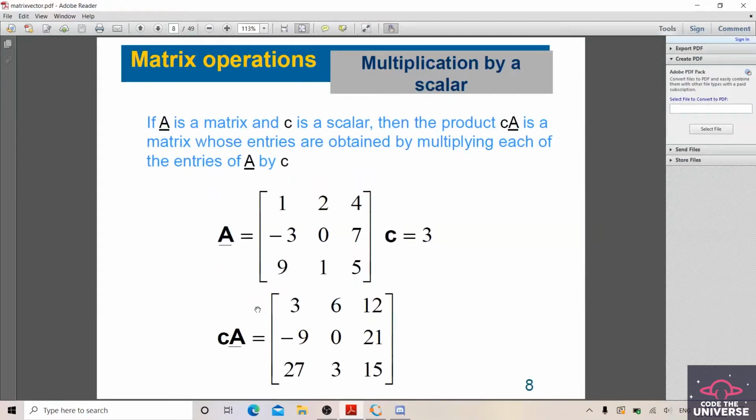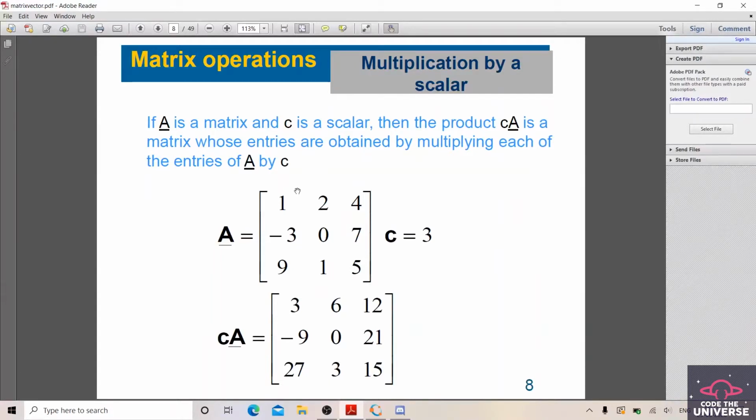Okay, proceeding to the next concept. Let's talk about multiplying a matrix with a scalar. Again, we're talking about an element-wise operation where if you multiply a matrix with a scalar, you're just multiplying it with all the elements inside that matrix.